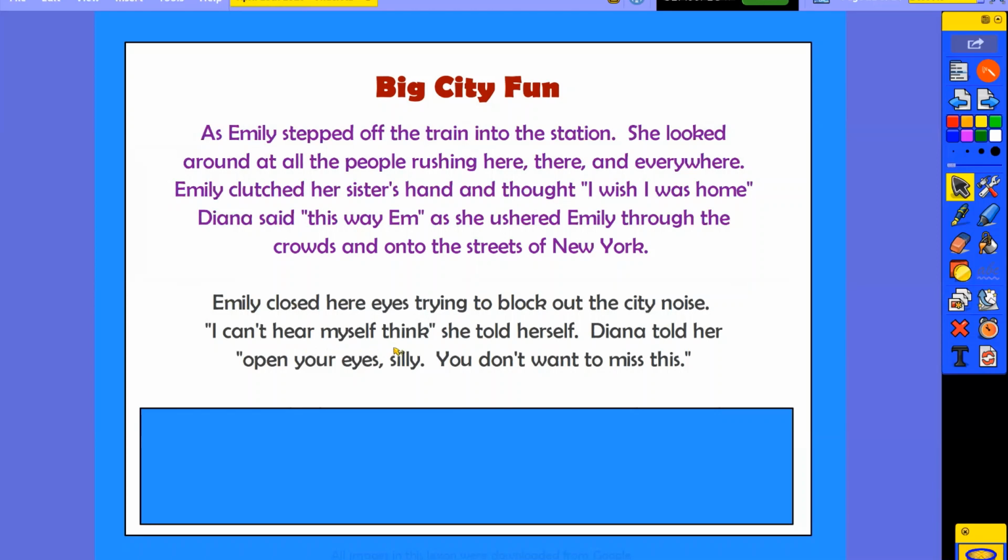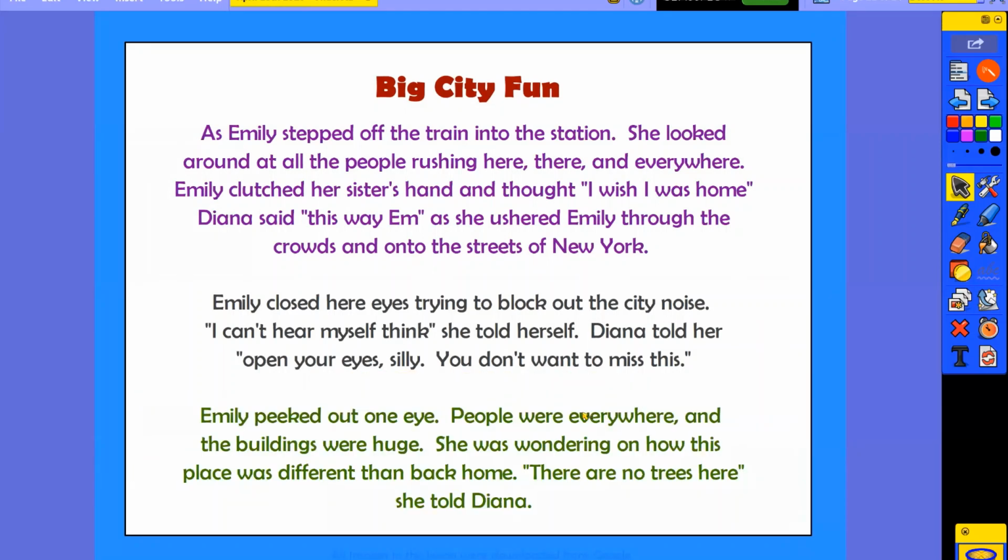"I can't hear myself think," she told herself. Diana told her, "Open your eyes, silly. You don't want to miss this." Emily peeked out one eye. People were everywhere and the buildings were huge. She was wondering how this place was different than back home. "There are no trees here," she told Diana.